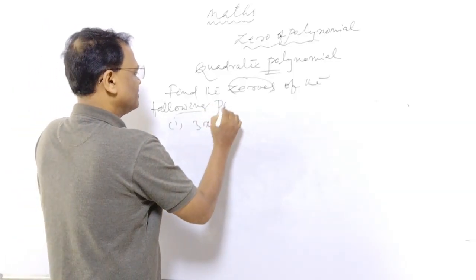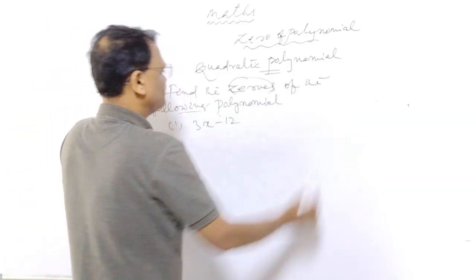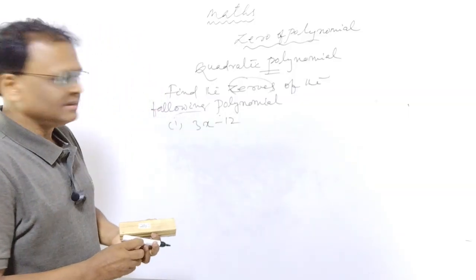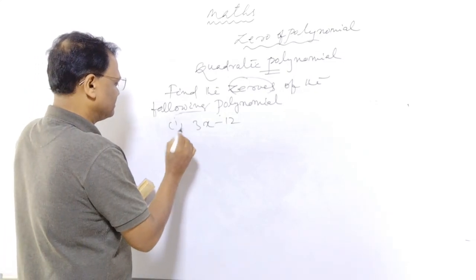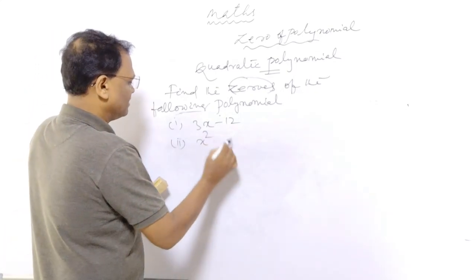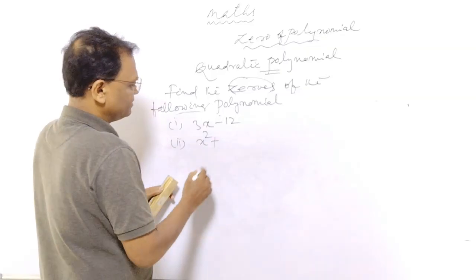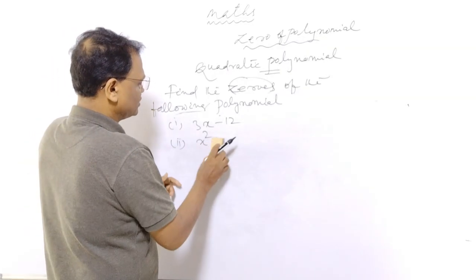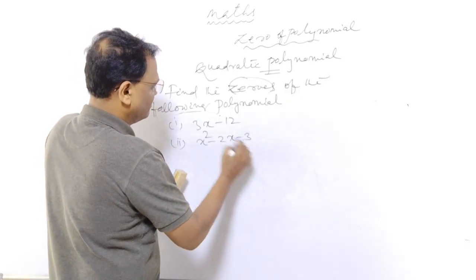Find the zeros of the following polynomial. First one: 3x minus 12. Second one is x square minus 2x minus 3.